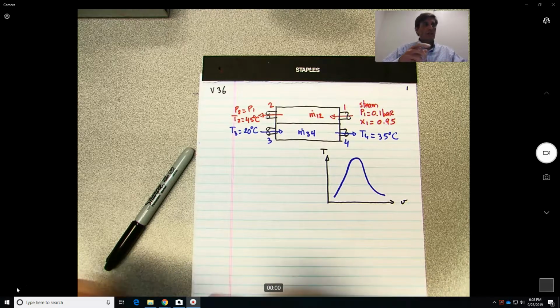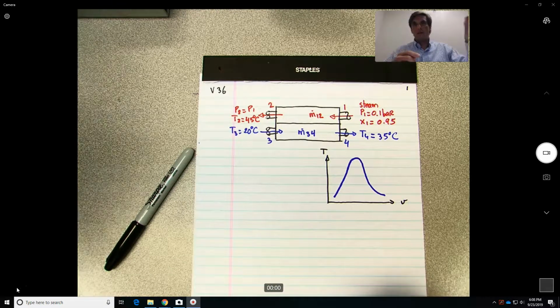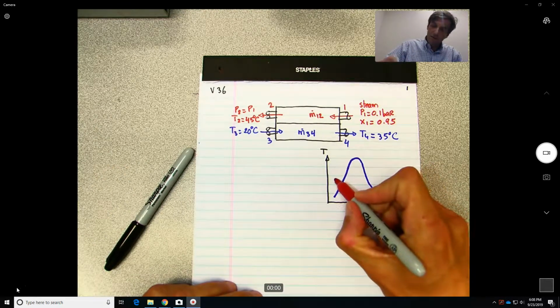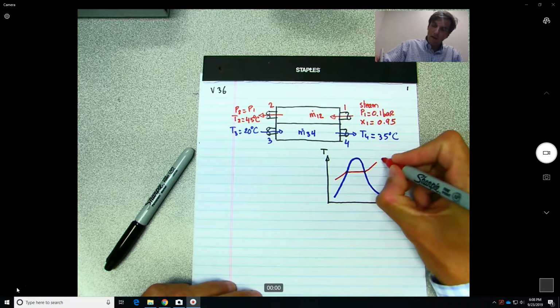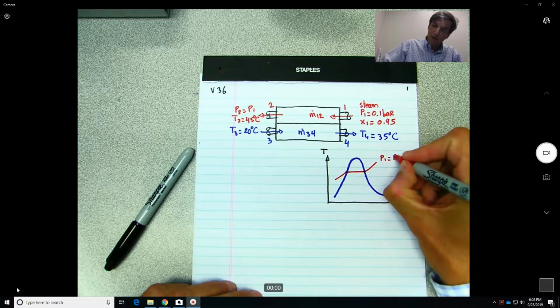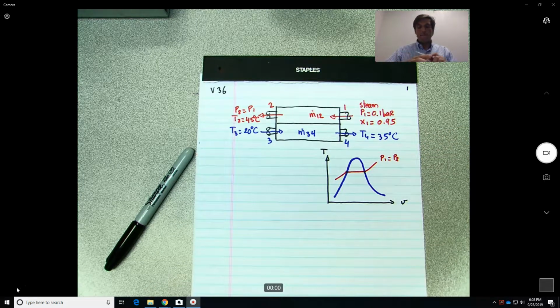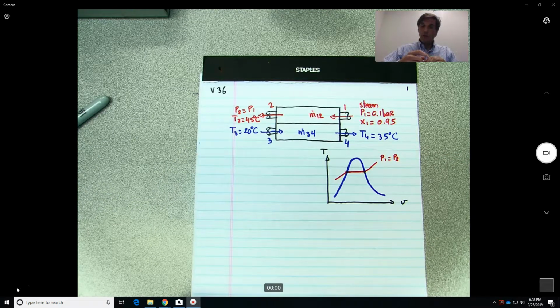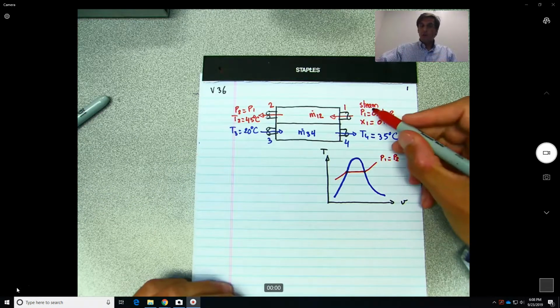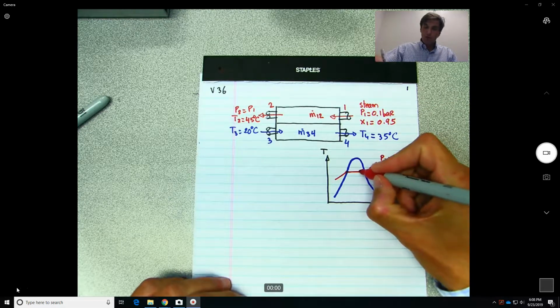So we do something like this. Let's say P1 equal P2. Okay, and we know it's steam, so we should be somewhere, no, sorry. P1 over here is steam, so we know we're going to be somewhere over here.